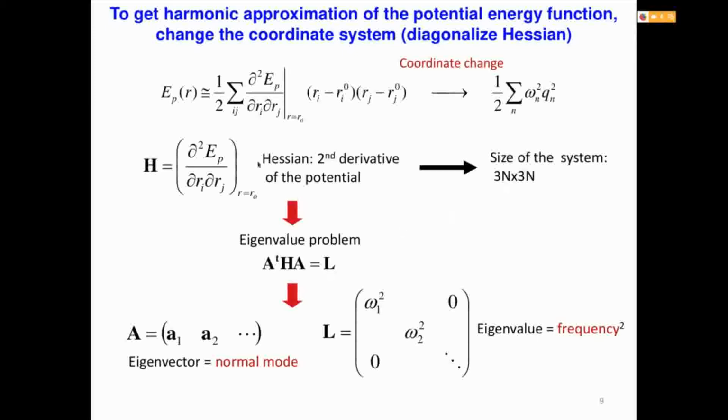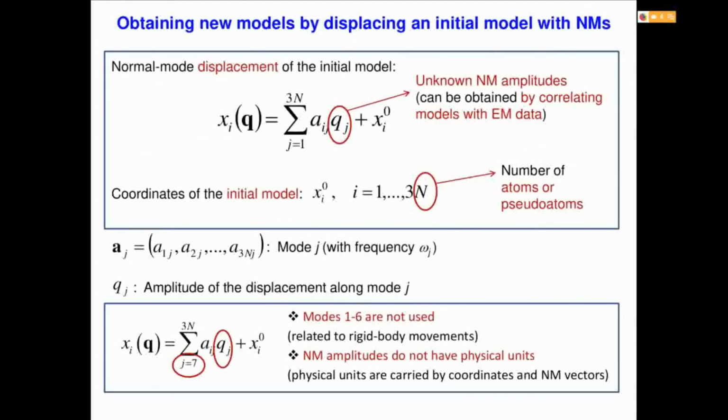So the full size of the Hessian is 3n times 3n, where n is the number of atoms, and 3 stands for the number of coordinates in the Cartesian system, x, y, and z. So once you compute the normal modes, you can displace the coordinates of the initial model.